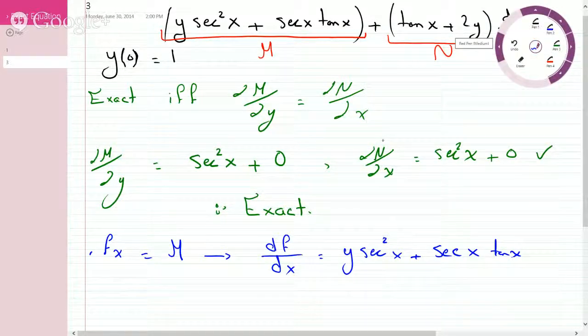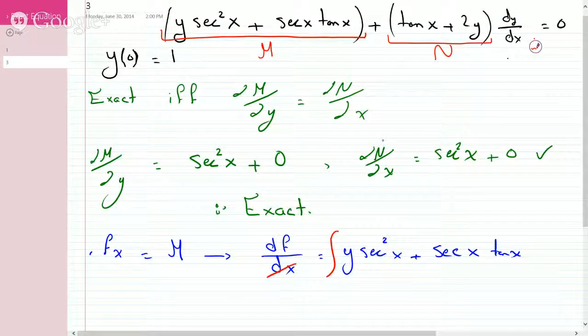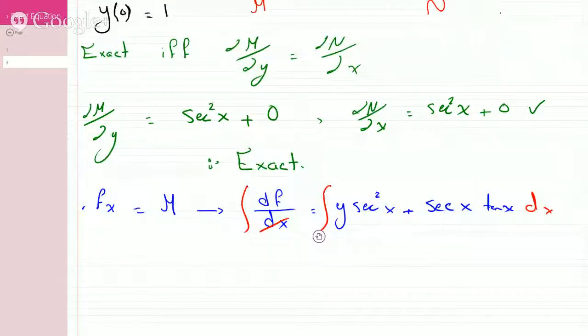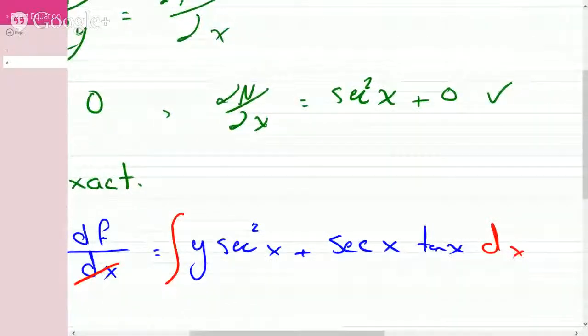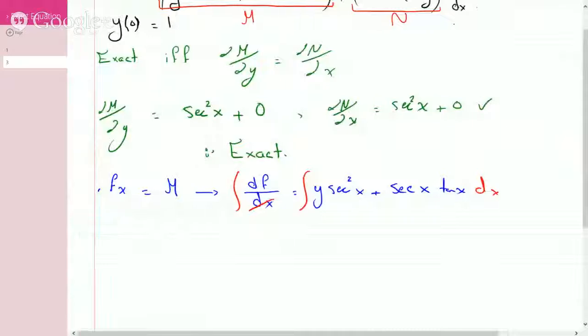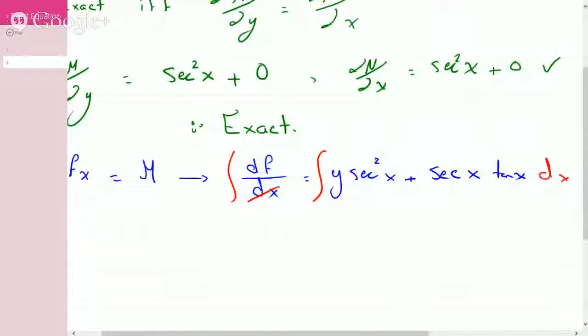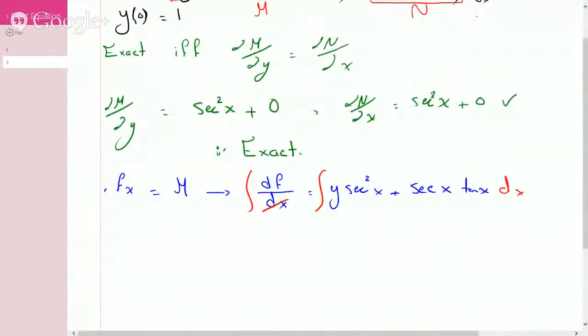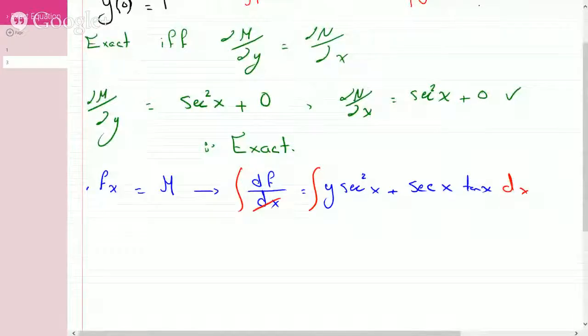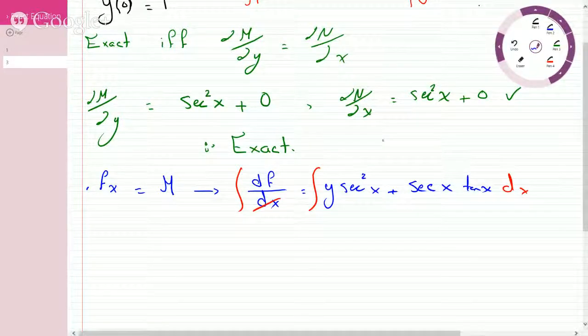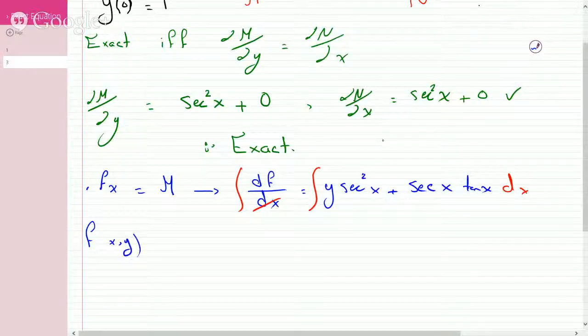And now I could just move the dx over here and integrate both sides. So of course the left hand side will get me, let's go back to the original. So that means if we continue here in blue, that means f of x comma y.